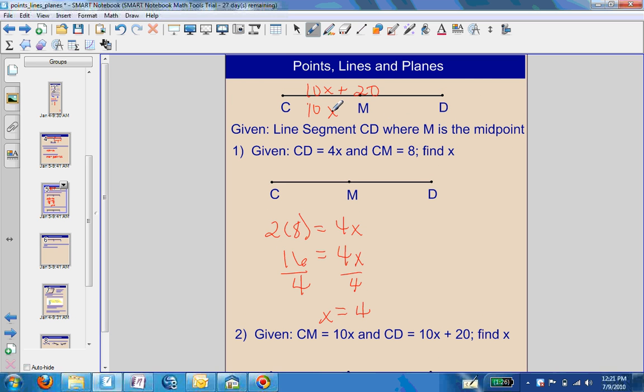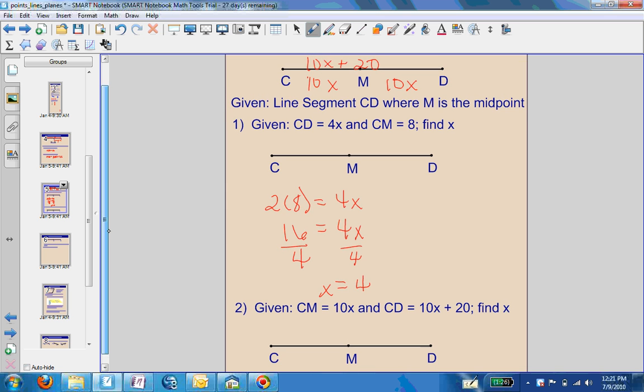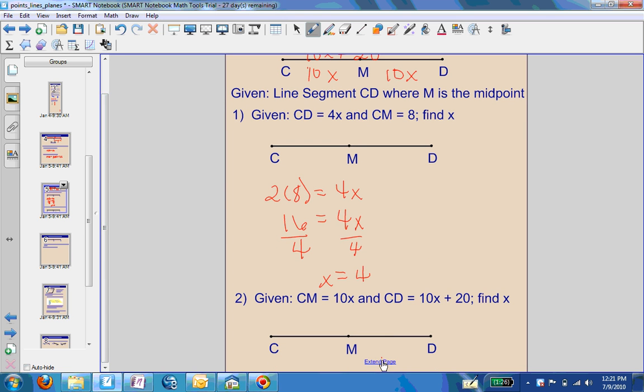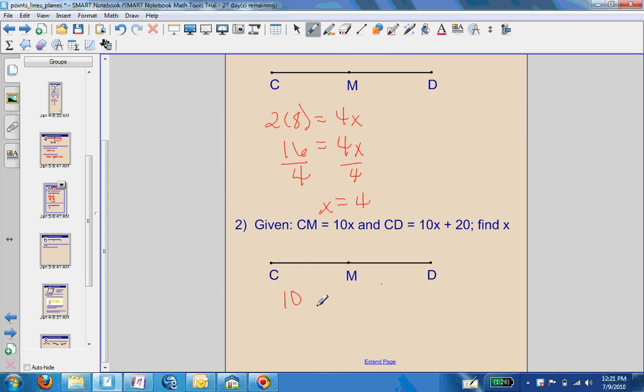So what I'm going to do is I'm just going to double 10x because I know this side is 10x, so this side over here equals 10x. There are other ways you could approach it. You could say, well, if this is 10x plus 20, you know that's 10x, and this has to be 20. You could work with that. But let's just do 10x plus 20 equals 10x plus 10x. So 10x plus 20 equals 10x doubled, or 10x plus 10x.